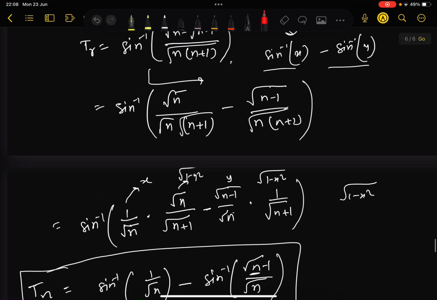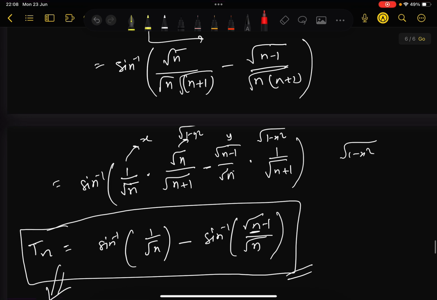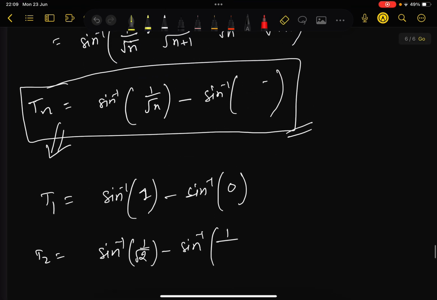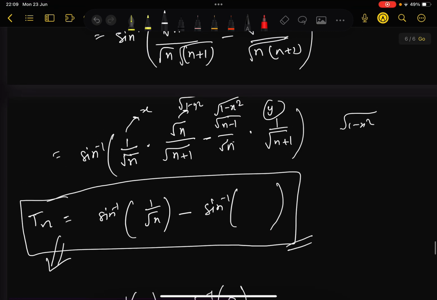So what was the value of 1 minus x square? So yes, this term is 1 minus x square and this term is y. So here also we have to change. So nth term, in nth term this is sine inverse x and this is sine inverse y.